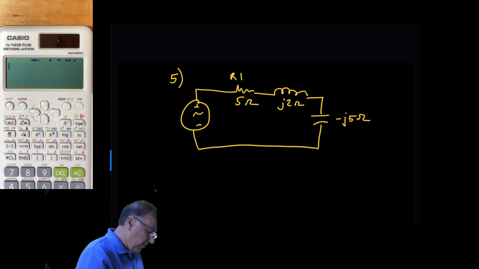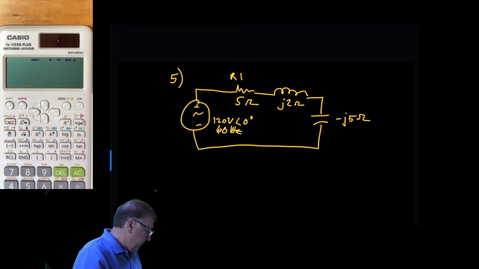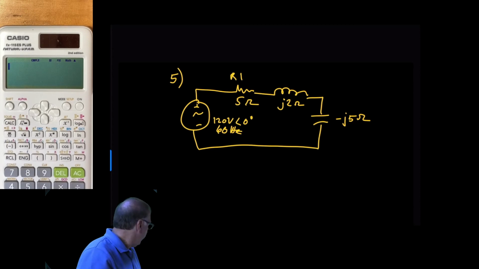It's 120 volts at 0 degrees and 60 hertz. They've already calculated the impedances for us. They didn't give it to us in microhenries or microfarads. They've given us the impedances. So they've done step 1 and 2 actually for us.